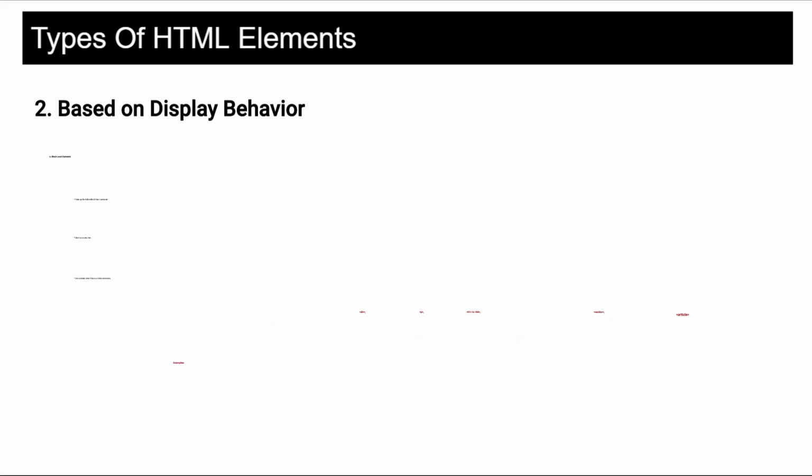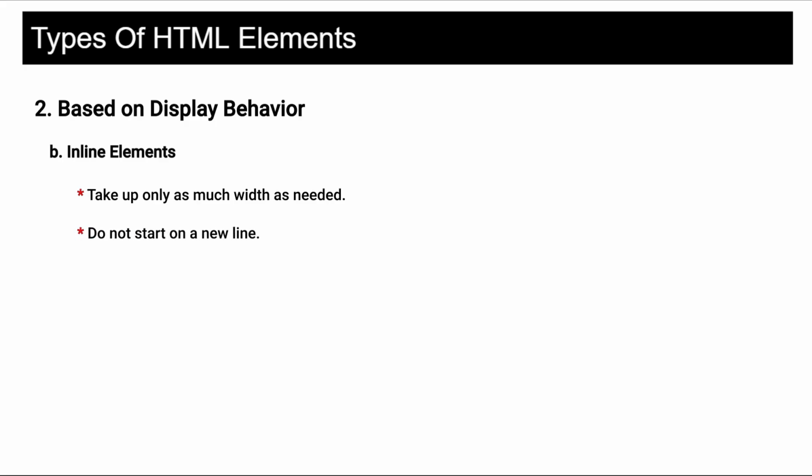And the second phase is the inline elements. The inline elements take up only as much width as needed, and they do not start on a new line as the block level element does, and they can only contain text or other inline elements.